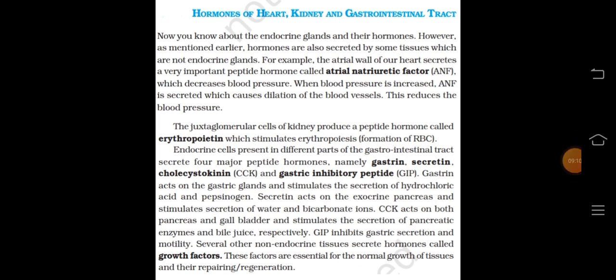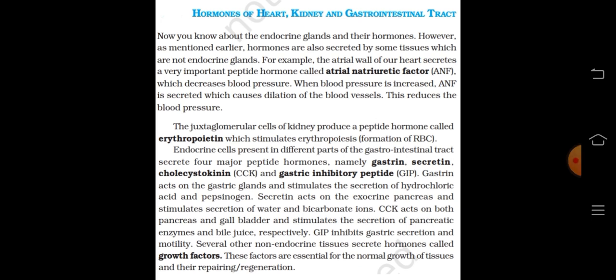Juxtaglomerular cells of the kidney produce a peptide hormone called erythropoietin, which stimulates erythropoiesis, the formation of RBC. Endocrine cells present in different parts of the gastrointestinal tract secrete four major peptide hormones, namely gastrin, secretin, cholecystokinin (CCK), and gastric inhibitory peptide.